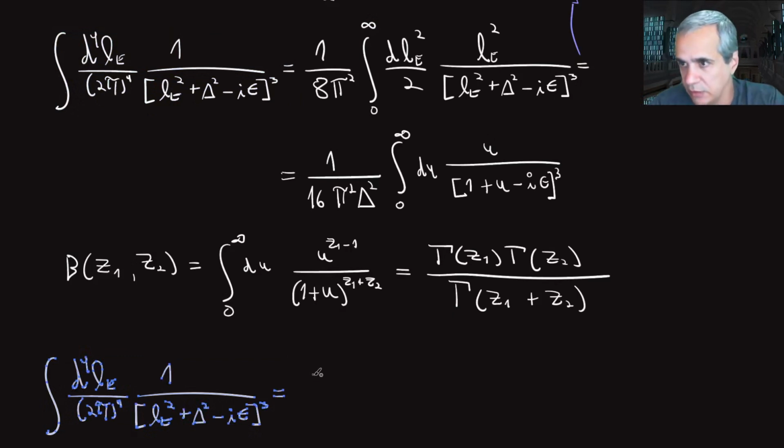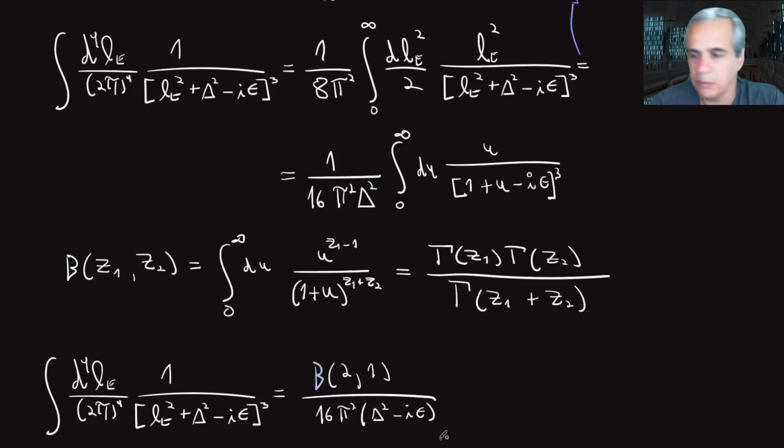Looking here, it's just a beta function. z1 is 2, so I have a power 1 up here. z2 is 1, so I have a cubed here. So this is the beta function of 2, 1 over 16 pi squared delta squared minus i epsilon, right? Because of this i epsilon here.